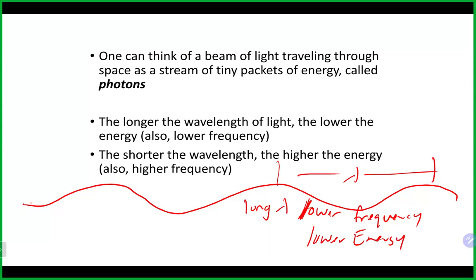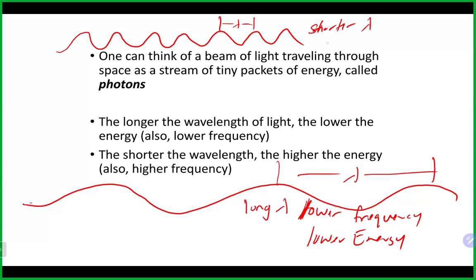And that is opposite if you have a smaller wavelength, or a shorter wavelength. A shorter wavelength usually means a higher frequency, and that usually results in higher energy. So the wavelength definitely has a determining factor on the energy.